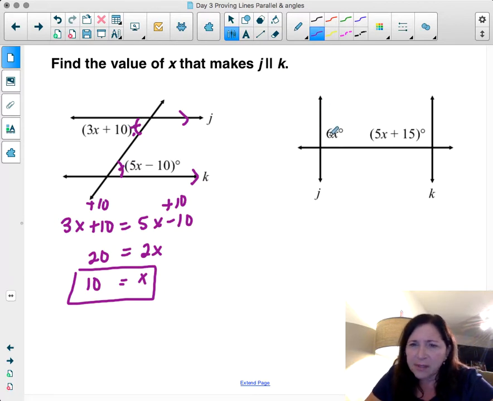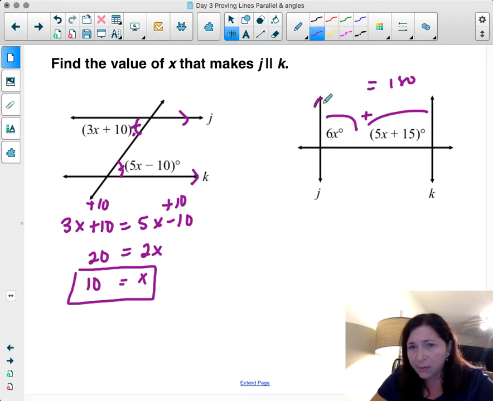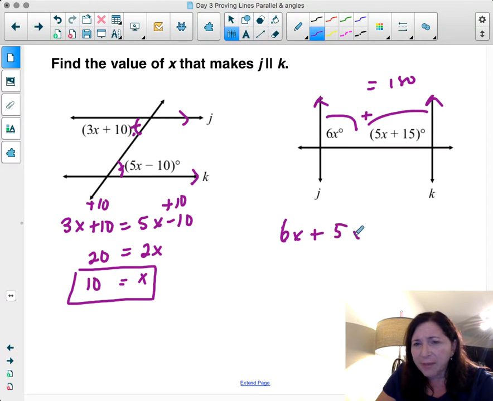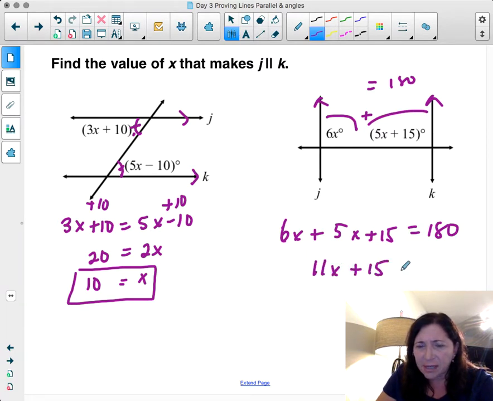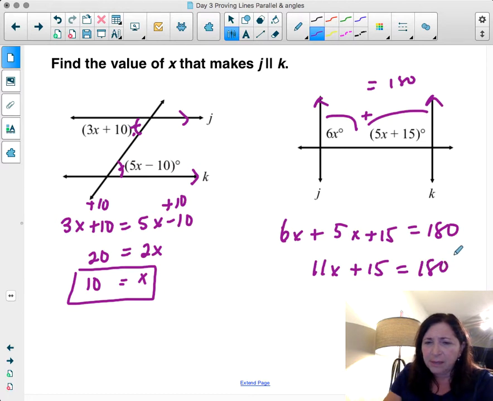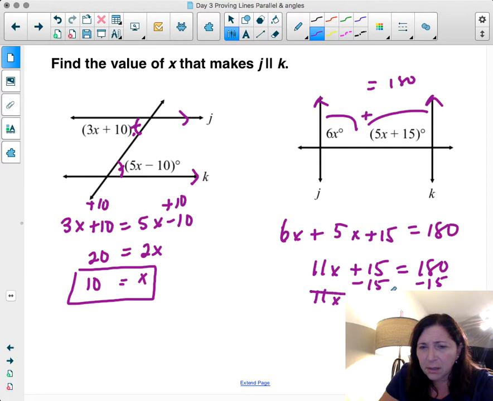Likewise, this angle here plus this angle here would have to add up to 180 degrees for these two lines to be parallel. So you would have 6x plus 5x plus 15 equal to 180. So I have 11x plus 15 is equal to 180. I need to subtract 15 from both sides. Let me erase that.